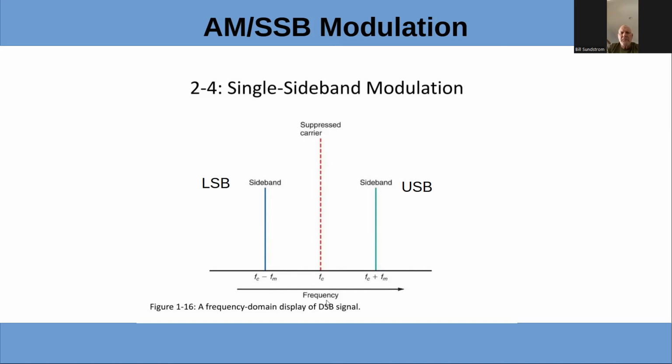This picture is a suppressed carrier double sideband signal, which I guess in some cases they may still use, but I'm not sure why, because the information on the sidebands are mirror images of one another. It's just a duplicate. There might be some case where you'd want to do it for reliability. So if you couldn't get one sideband, you could get the other one or something. I don't know.